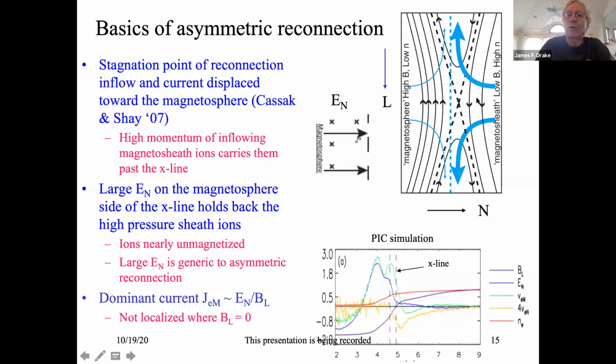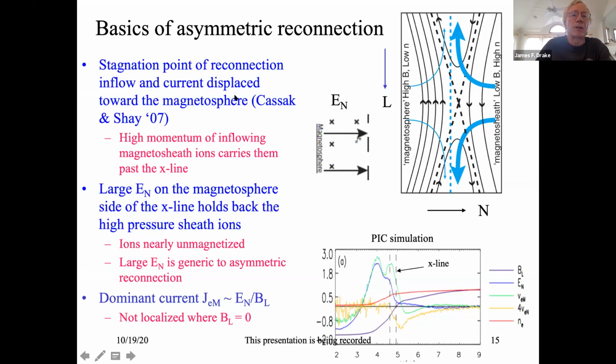I've drawn it with a southward magnetic field, and then you've got the magnetospheric magnetic field pointing up. And the important thing is that there's a huge density drop from the sheath, which is high density, to the magnetosphere, which is low density. This can exceed a factor of 10. And that makes a big difference.